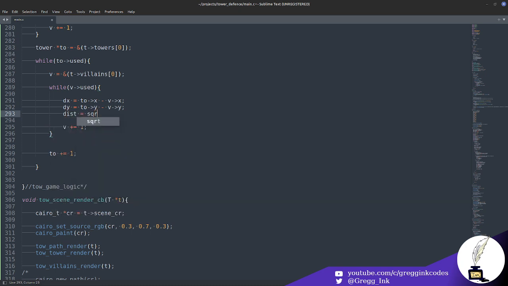This equals square root dx times dx plus dy times dy.